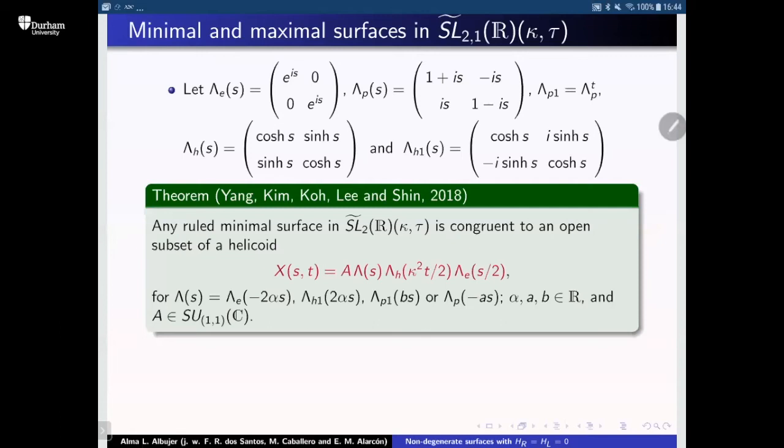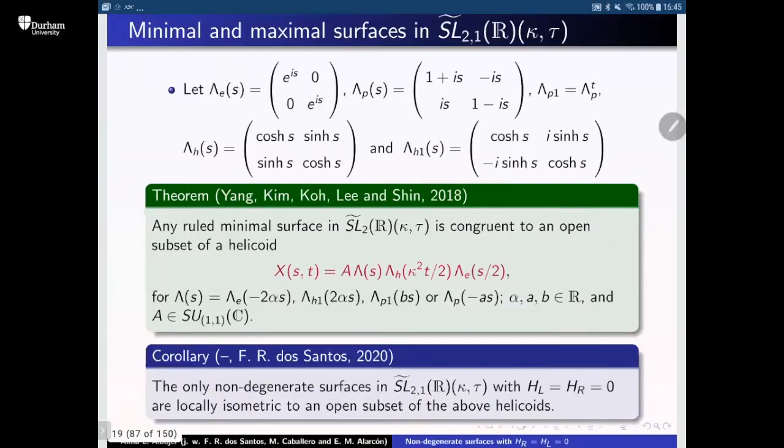And so they prove that any ruled minimal surface in such a homogeneous space is congruent to an open subset of one of these parameterized surfaces, where A is any element of the special unitary group, and the other elements here are curves of the kind above.